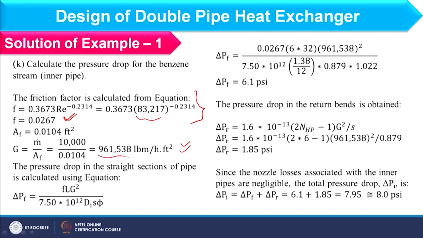So, value comes as this value. Now, the pressure drop in the straight section of the pipe is calculated using the following equation. If you remember the pressure drop calculation which we discussed in the last lecture, in a double pipe heat exchanger we have two sections.